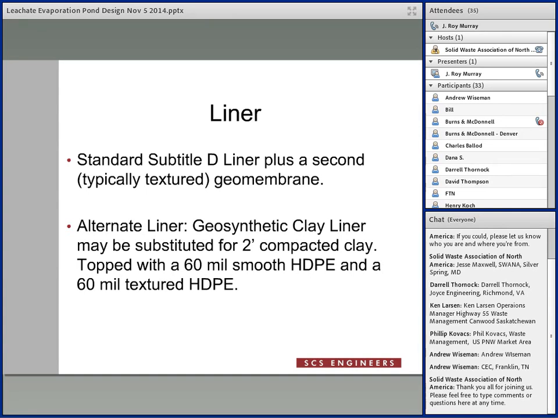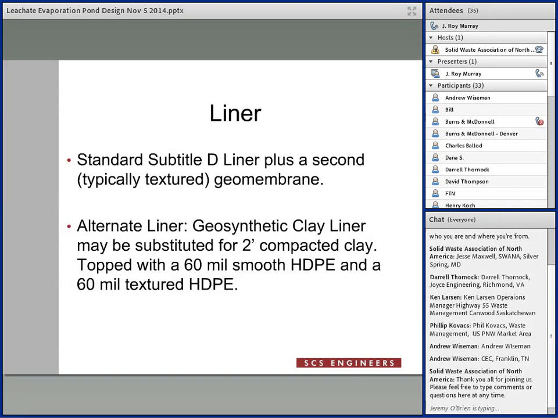Alternate liner, which is what we utilized at the Brownsville landfill because they were approved for a geosynthetic clay liner, so we use that instead of the 2 feet of compacted clay, and then the 60 mil smooth, and then the 60 mil textured HDPE.